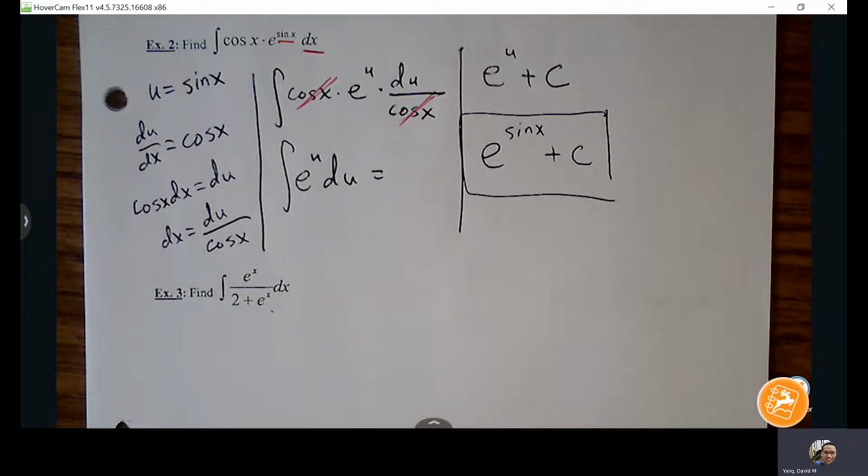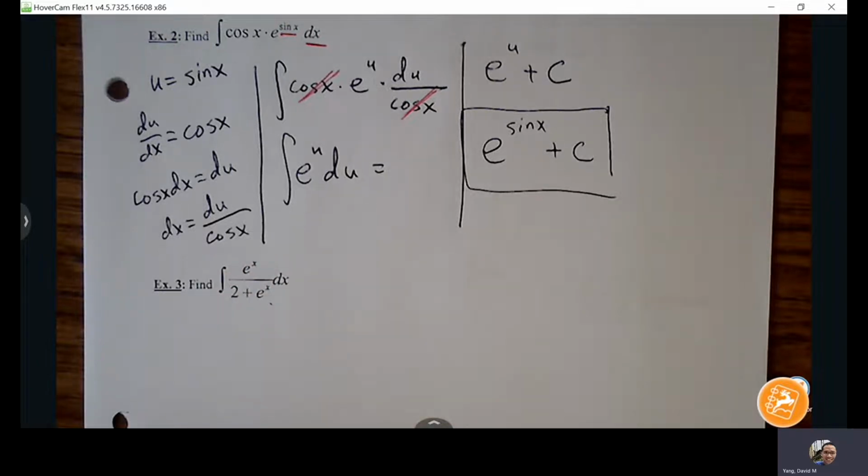Okay, what could be your u value that could work here? Well, if we bring that 2 plus e to the x, make it raised to a -1, we're still stuck not being able to expand. We still have to find our u value. So what could be our u value? The denominator.